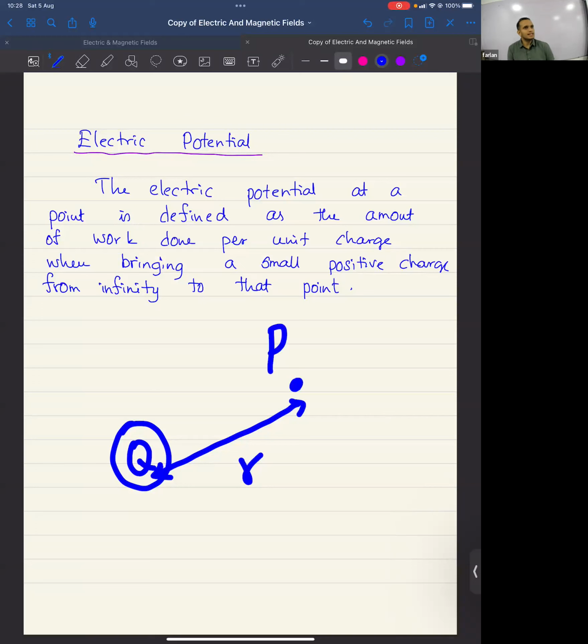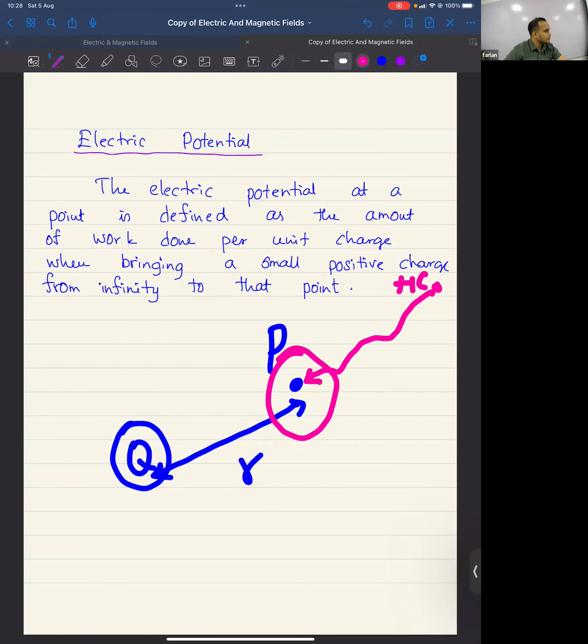Electric potential at that point means how much work is done when you're bringing a small positive charge, +1 Coulomb, from infinity to this point. Let's say infinity is, for example, here. From here, if you're bringing a +1 Coulomb charge to this point, the amount of work that you need to do is what you call the electric potential at this point.